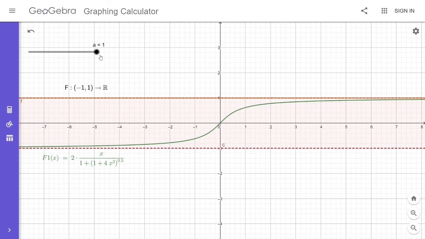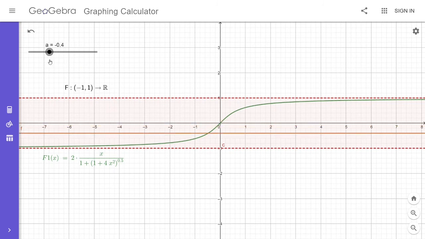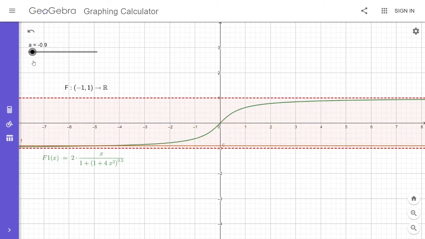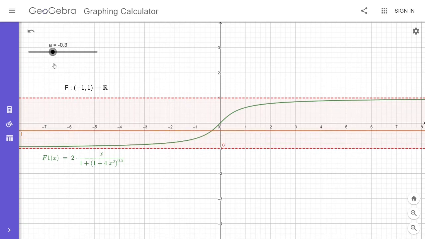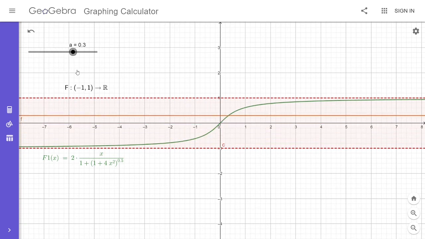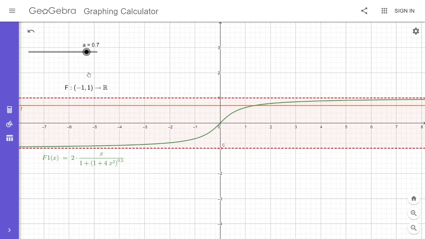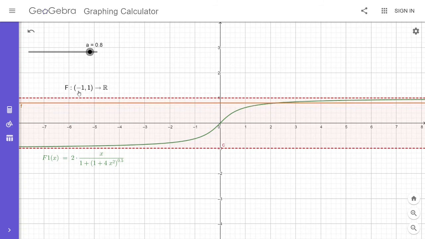But still, if you are doubtful, you can always run your horizontal line throughout the space and see that it intersects the graph of the function exactly once, at one point, all through the codomain. Here f is a function from the open interval (-1, 1) to R, and f inverse will be a function from R to (-1, 1). So that's settled. That should not be a question, because if f is bijective, then so is f inverse. Now, is f inverse continuous?